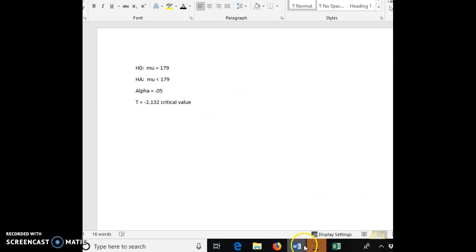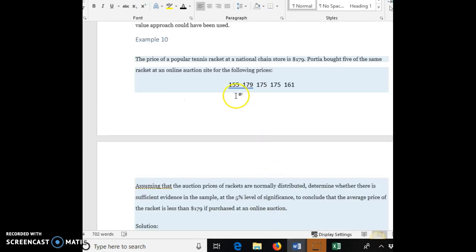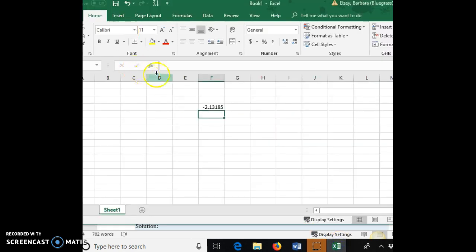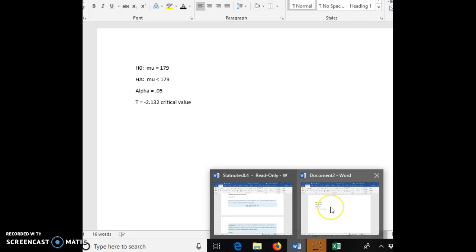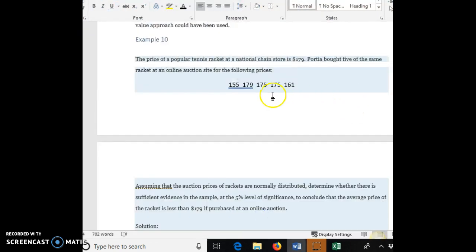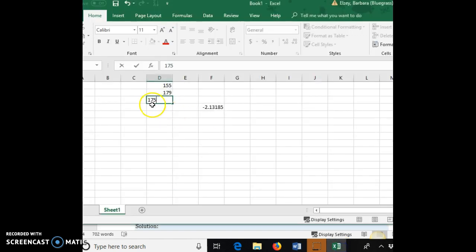First, let's take our data, which I'll put into one of the columns: 155, 179, 175. You'll be able to cut and paste those in your homework, but here they're written horizontally, which makes it a little bit hard. And then 175 and 161.